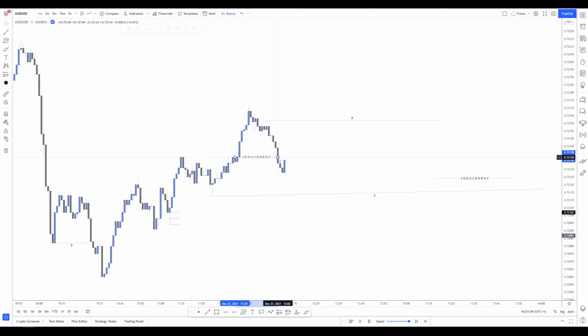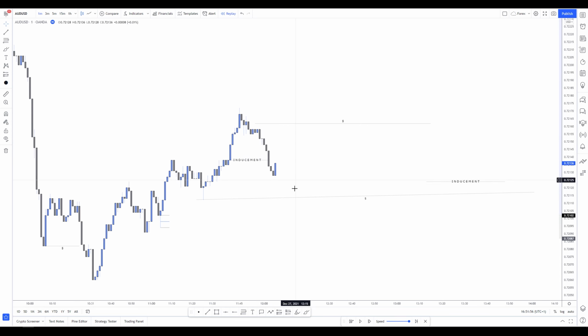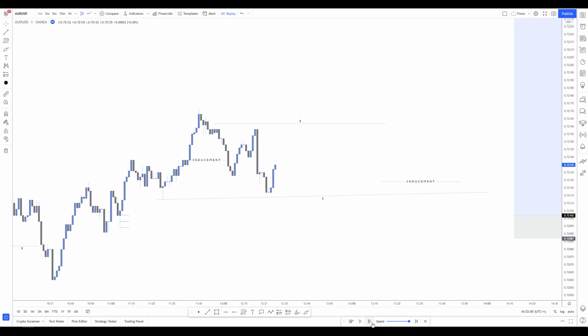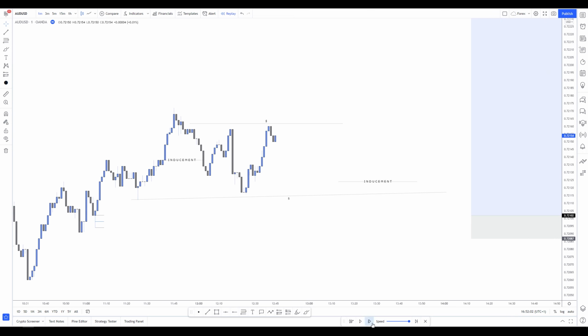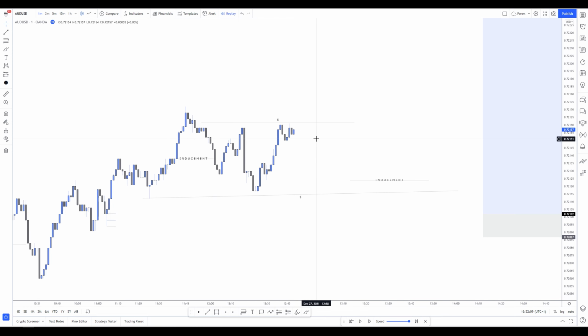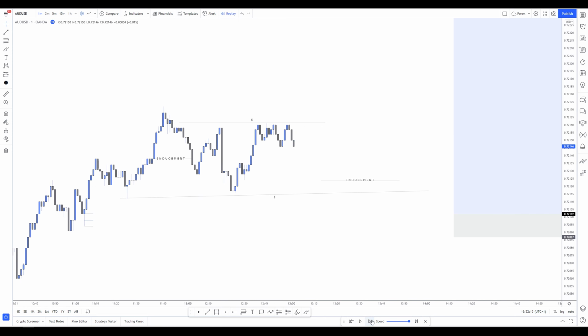As you can see here, they got taken out, and now price was moving around a bit and created liquidity above these highs right here. There's 1, 2, 3 highs, and I think there's gonna be another one. That's a lot of liquidity above this line, and the potential that this could be taken out is pretty high.